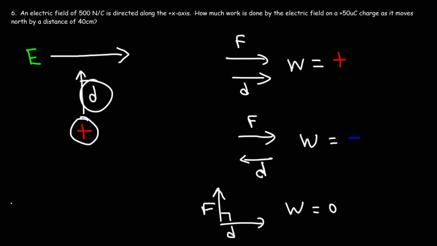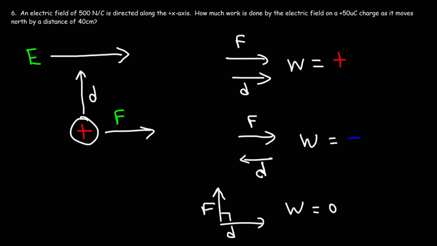Here, the displacement vector is north. The positive charge will feel a force that will accelerate it in the direction of the electric field. Now, in this problem, this particular charge does not move east or west. Based on the question, it only moved north. We don't know the circumstances that caused this charge to move north.